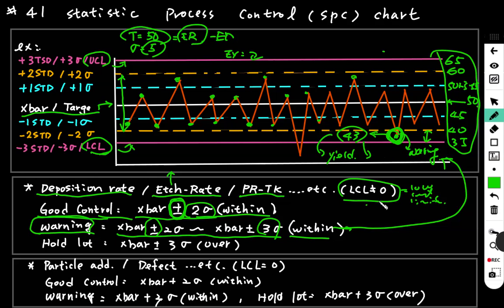And some fabs treat this area, 2 sigma until 3 sigma, more seriously.